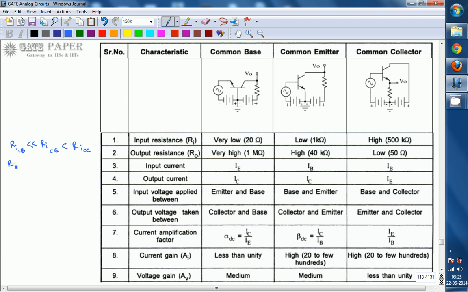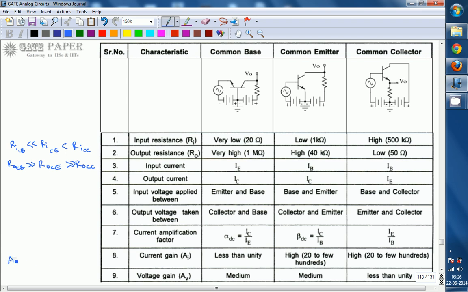Output resistance Ro of common base is highest, output resistance of common emitter is medium, and output resistance of common collector is very small. Next, the current gain of common base is ideally unity and practically less than unity.